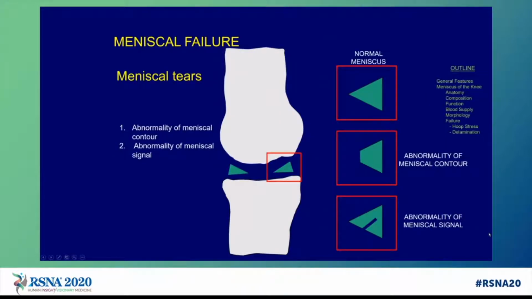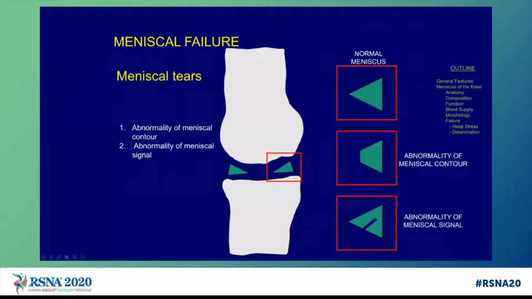Now we come along and we try to diagnose meniscal tears based on MR using two criteria. Typically, the normal meniscus, shown here and here, is triangular in shape, smooth, with a sharp point of low signal, although there may be some areas of intermediate signal. More about that in a moment.